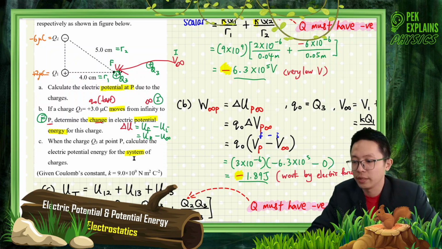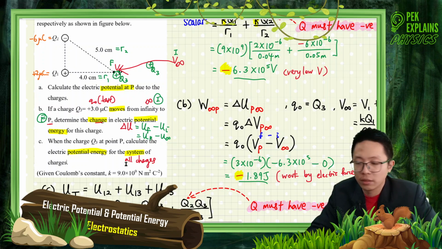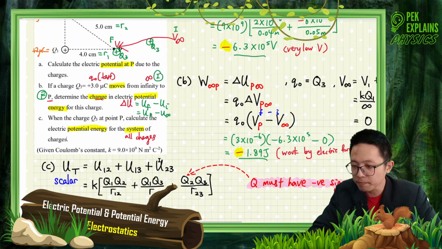You can say system, or all charges. The total electric potential energy is for the system of all charges, not just one charge.